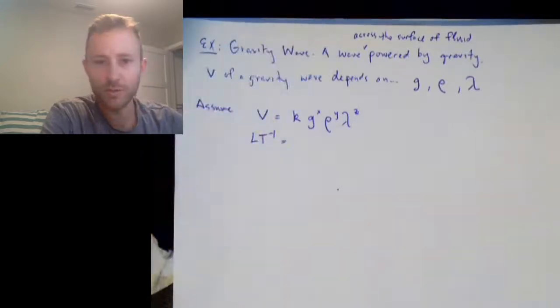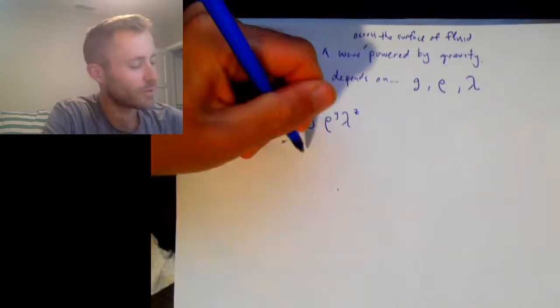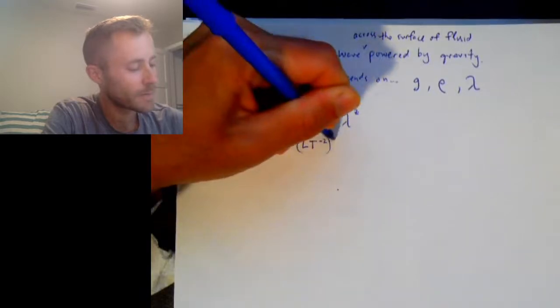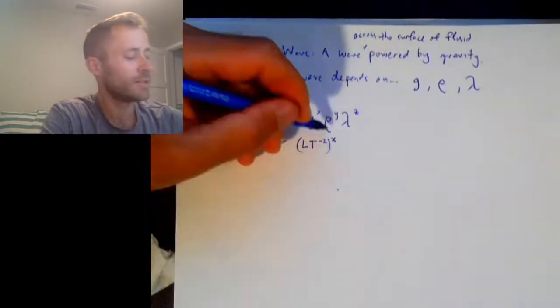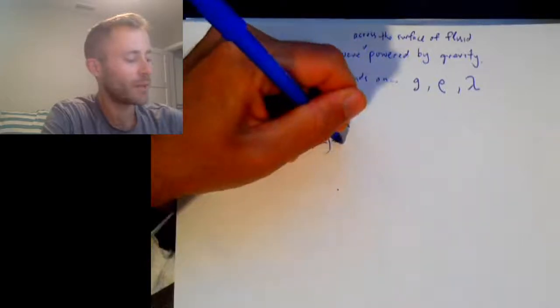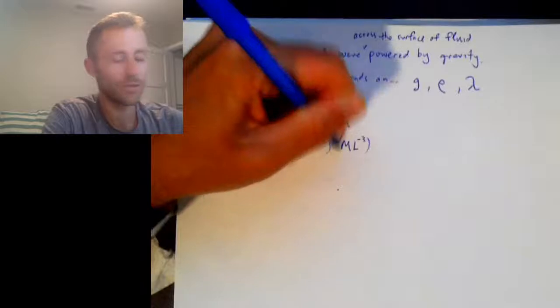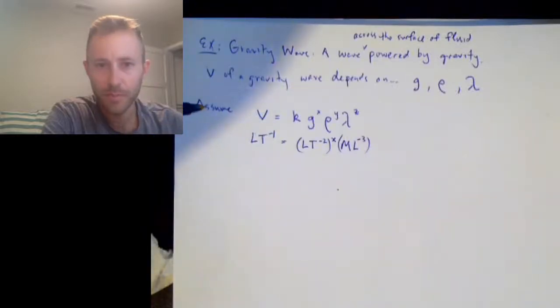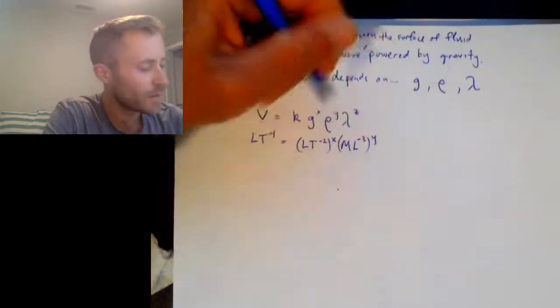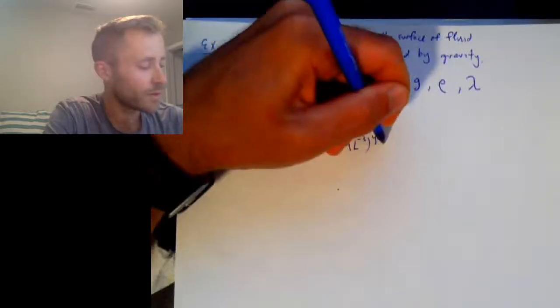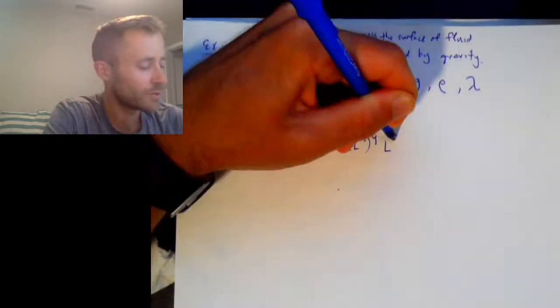K is unitless. G has units of meters per second squared. Okay, density has units of mass per volume, so M times L to the minus 3. So we have that to the y. And then wavelength has units of length, so we have L to the zth power.